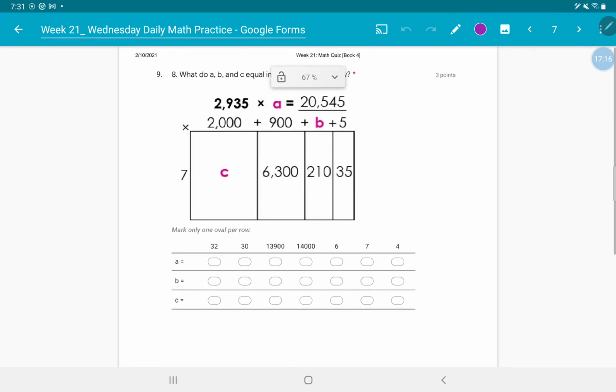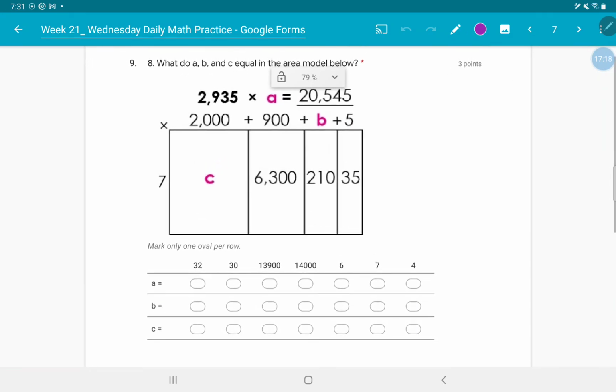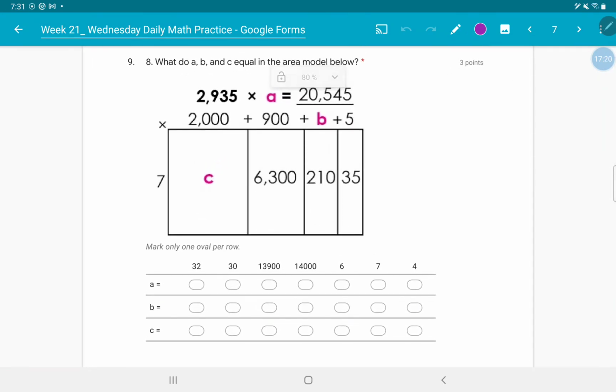All right, next we have an area model, but it's missing some parts. We should be really, really good at area models now. So my problem says 2,935 times A equals 20,545.